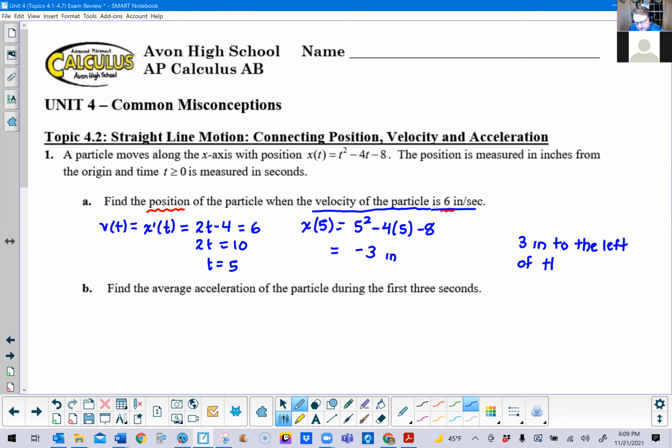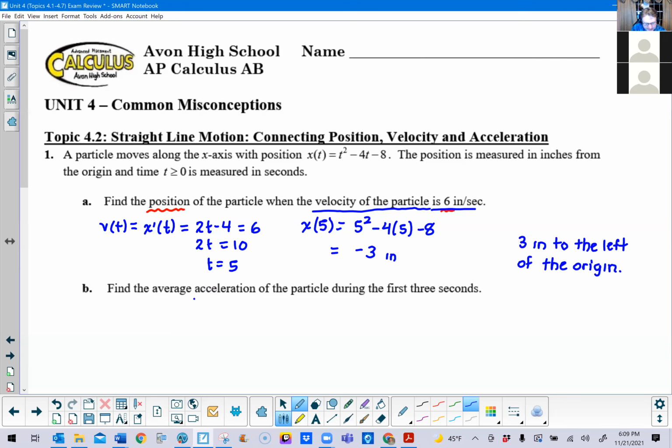Okay. Now, a bigger misconception comes into play in part B, and we noticed this on the quiz. It says, find the average acceleration of the particle during the first 3 seconds. And there's really 2 different things going on with this particular problem.